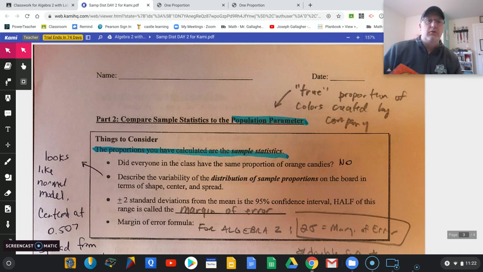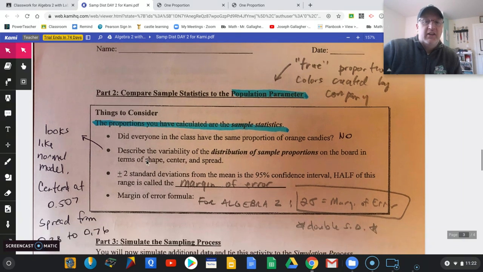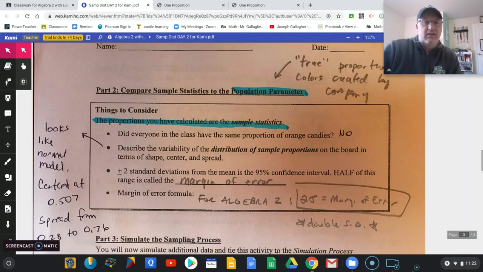We don't know the true mean or the true proportion of candies, not in a bag, not in all the M&Ms or Reese's Pieces at Tops, not at all of them in the company, because we just don't usually know that information. But what we can do is use a sample and try to predict how many there are. So the proportion we had was what we call the sample statistic. And like we said, not everyone in the class had the same sample proportion. Some people had more orange, some people had less, some people did have the same.